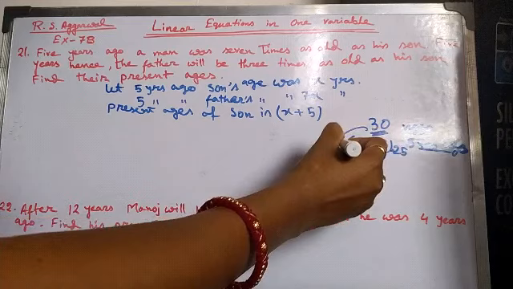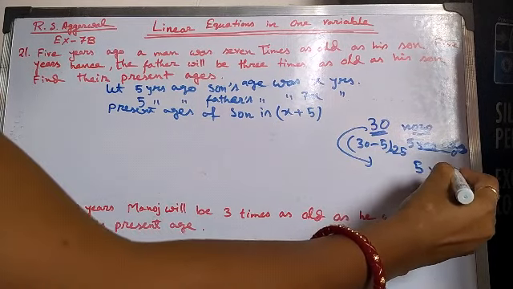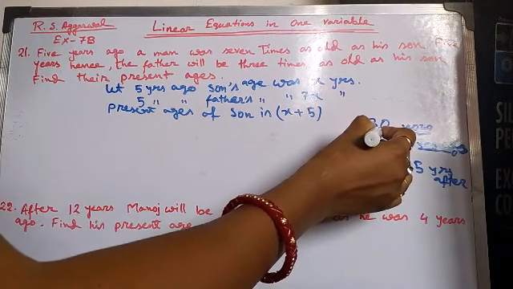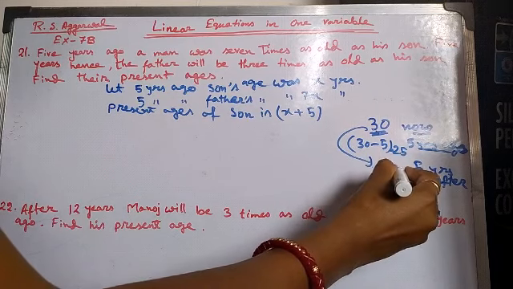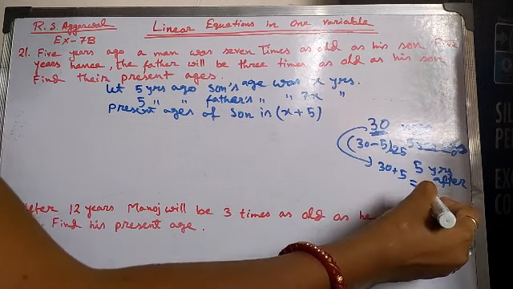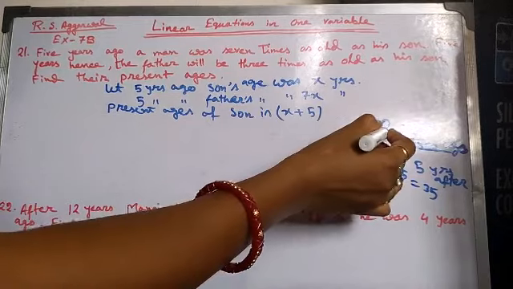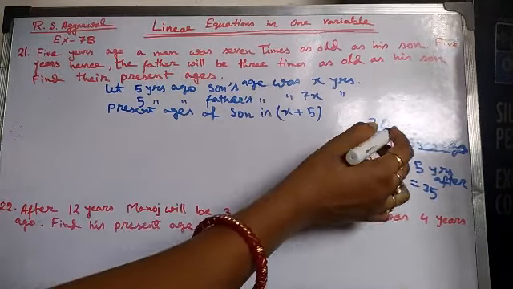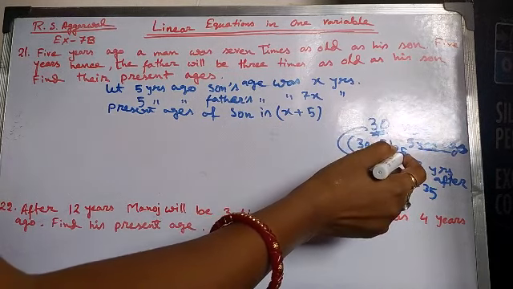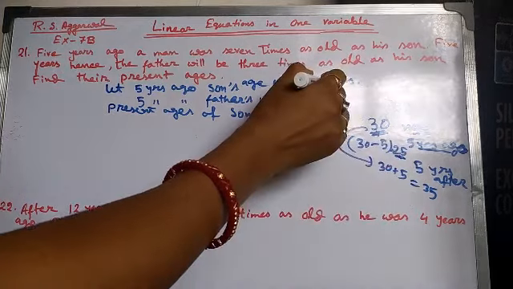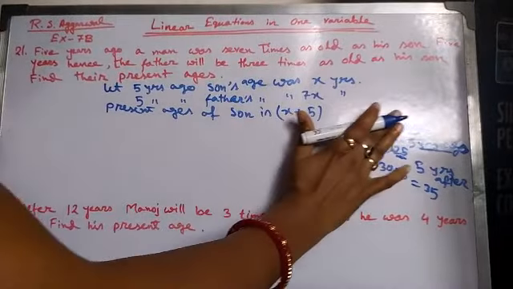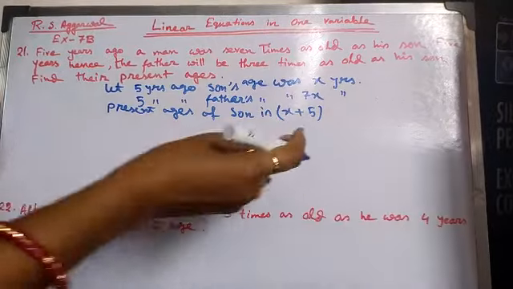And 5 years after, what will it be? 30 plus 5, that means 35. So the same will be here. Instead of 30 I have taken x here. 5 years ago the age was x. This is a small example of it.